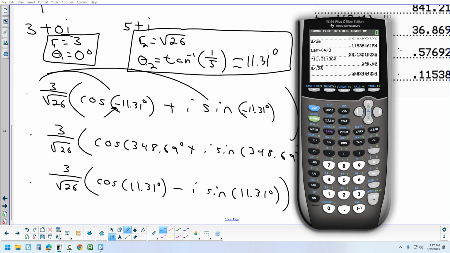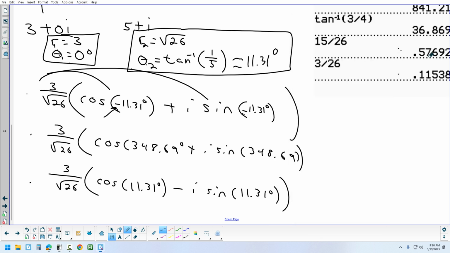Is that the goal of what we're learning right now? No. Okay. So 3 over the square root of 26 times the cosine of negative 11.31. And if it's equivalent, we're hoping to get 0.5769. Yep. So what we did in trig form was exactly the same as standard form for the real part.